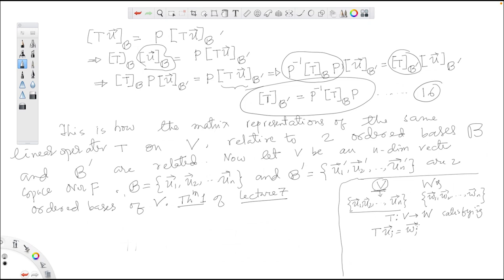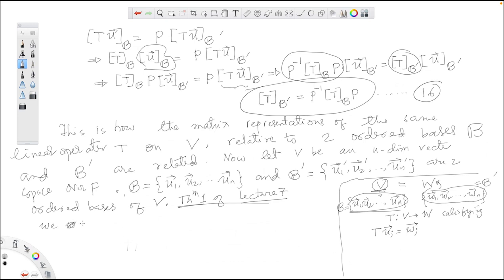In the present context, we take both vector spaces to be the same, so we choose V to be equal to W. There is no change in notation here, this is the basis B, and we choose this latter set to be the basis B prime.